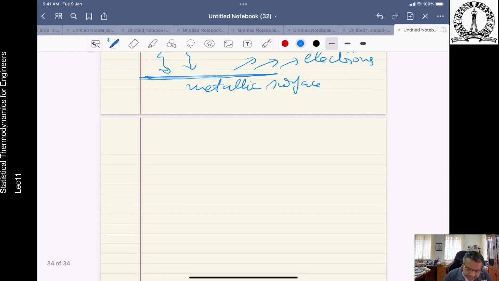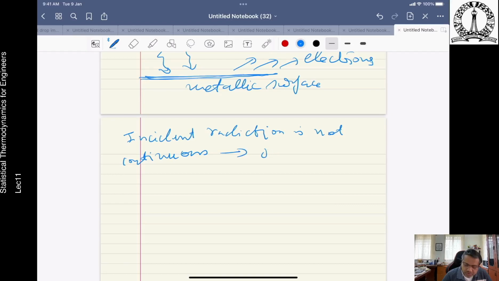So the incident radiation is not continuous by any stretch, but is composed of photons which have energy, which we already said, of h nu. So this is the energy of each photon.